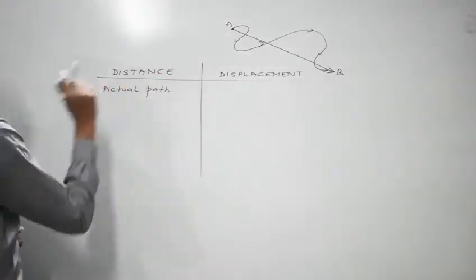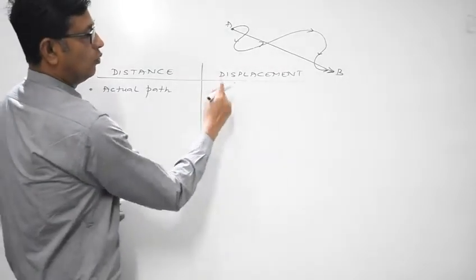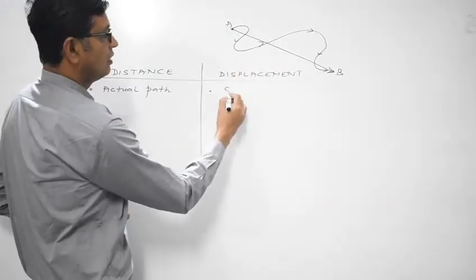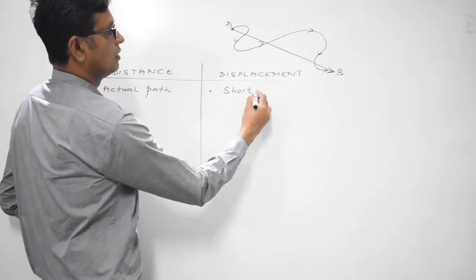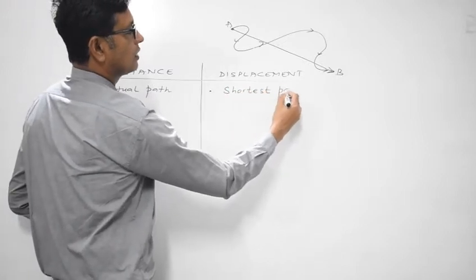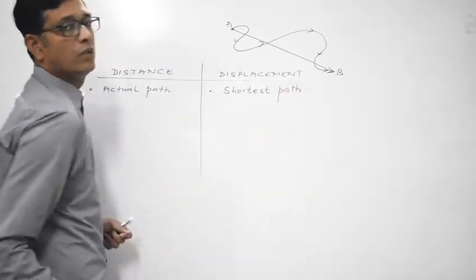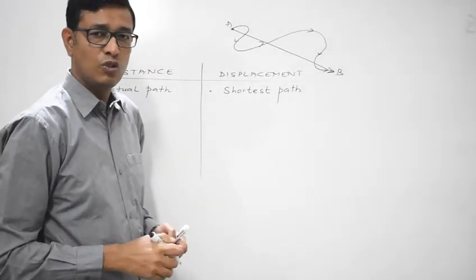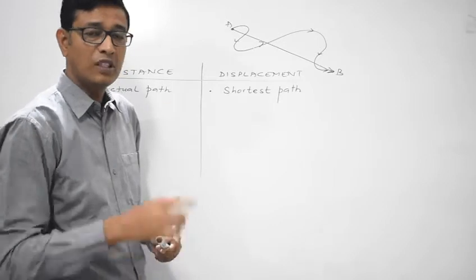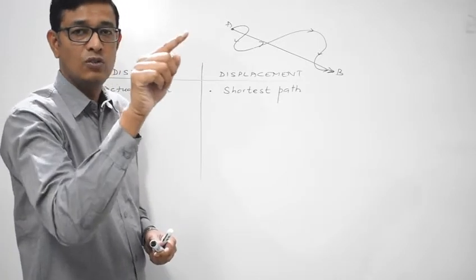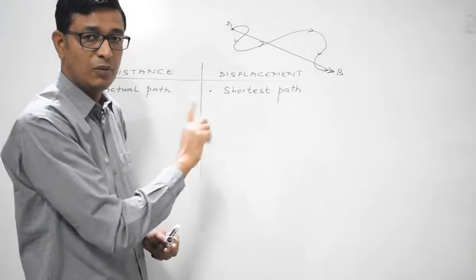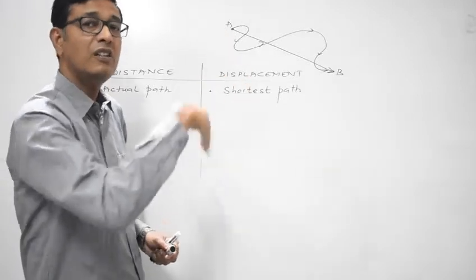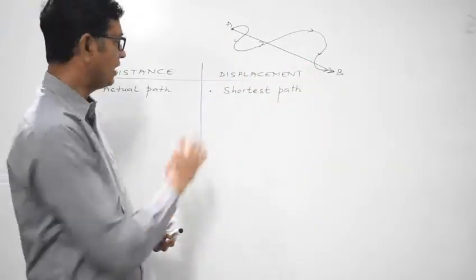So it is the length of the actual path. While displacement, it is the shortest path between the 2 points in a unique direction. And as I told you, displacement has to be represented by an arrow. The tail of the arrow should coincide with the initial position, while the arrowhead represents the final position of the body. So that's the actual definition.